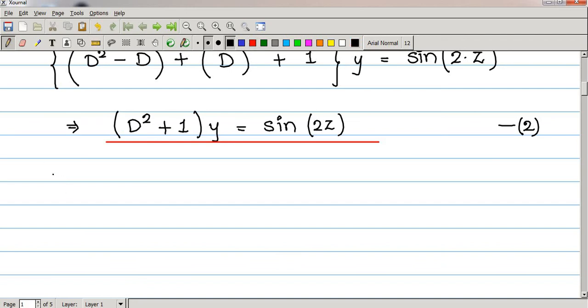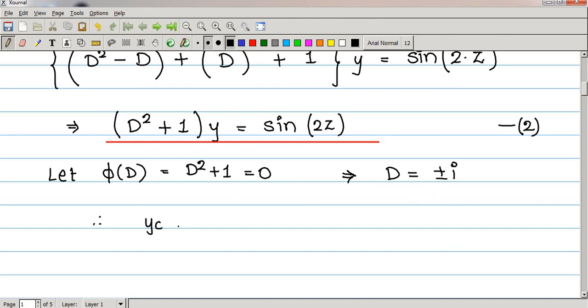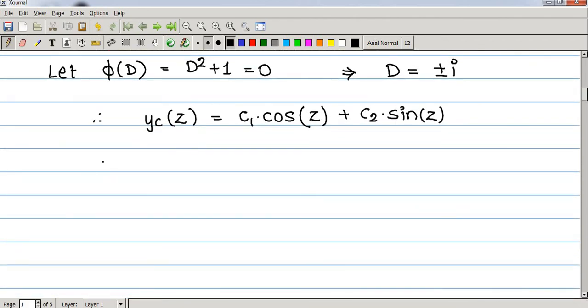Therefore we take the auxiliary equation, let phi of D equal D square plus 1 equal to 0. This implies the roots of the auxiliary equation are plus or minus i. Therefore the complementary function in terms of z will be c1 cos z plus c2 sin z. So this is the complementary function in terms of z.